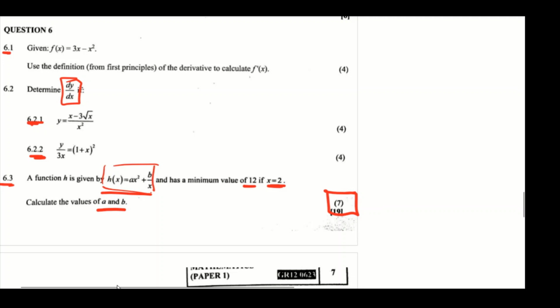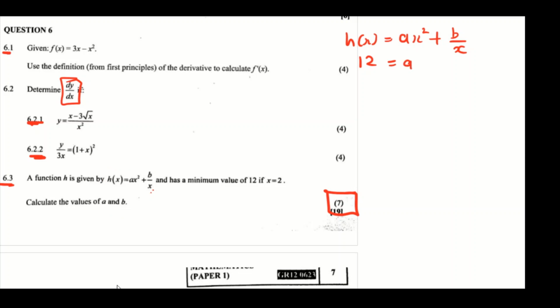Anyways, let's just get down to it. So we're having h of x is equal to ax squared plus b over x, right? And you're told that the minimum value is 12. So what they're saying is 12 is actually h of x. For us to get this 12, we used this x is equal to 2. That's what it means. So where there's x, we're just going to substitute 2.